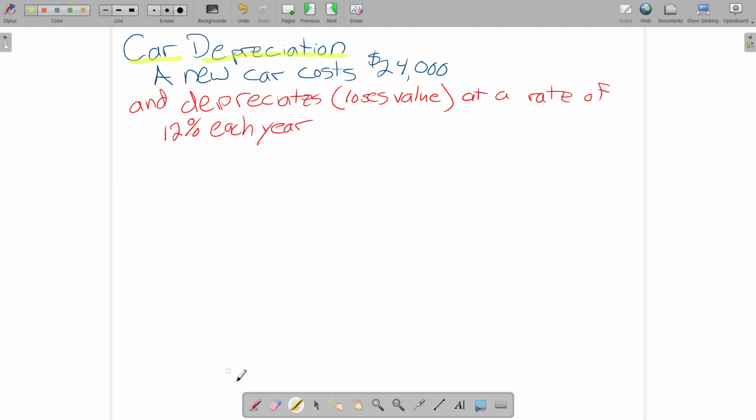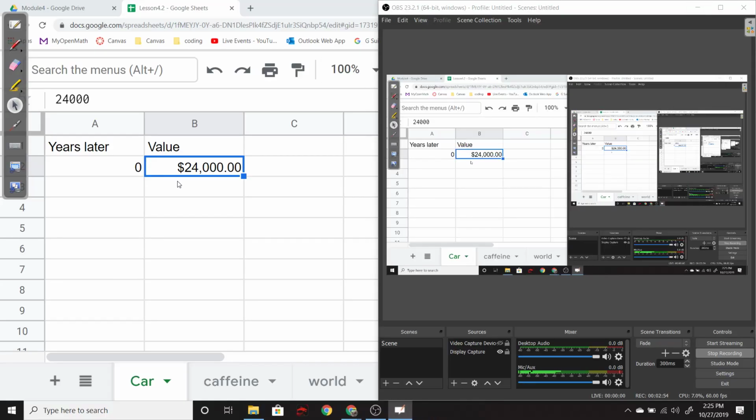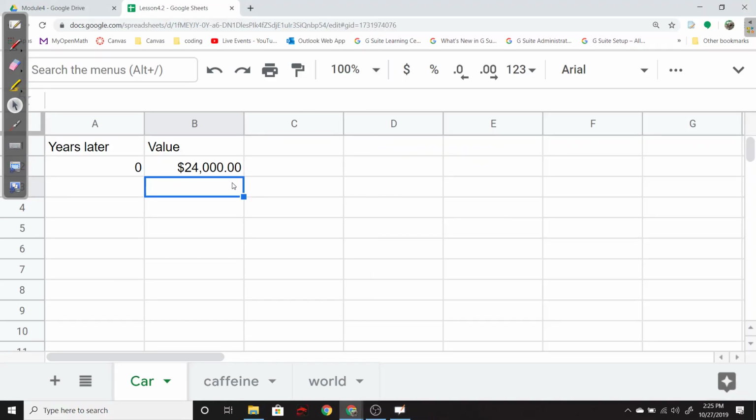So after 1 year, what's going to happen is I'm going to have less. The car's going to be worth less than it was. So if I take 12% of 24,000 and I calculate that amount, so let's whip out a calculator. So let's go over here. 12% times our $24,000 car, we lose $2,880.